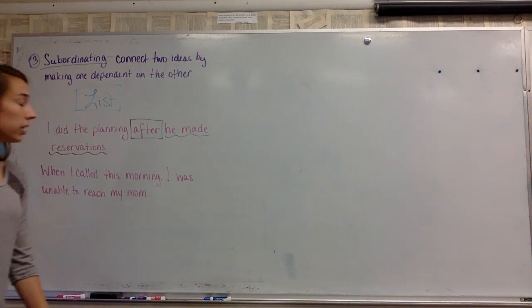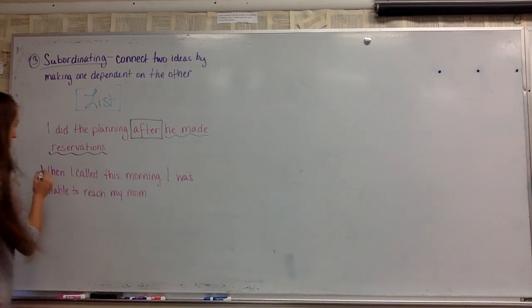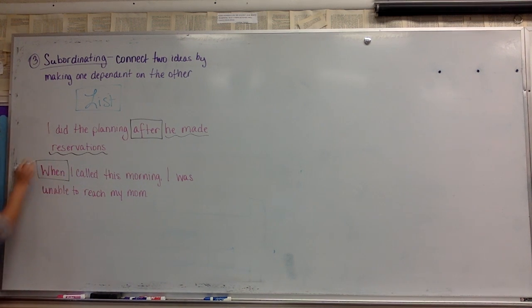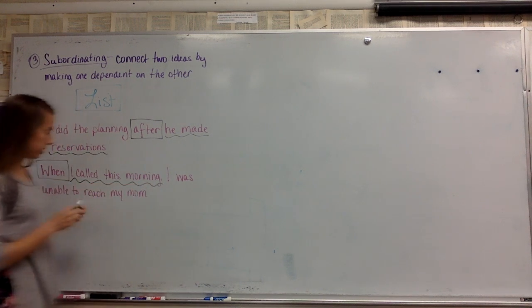What is our subordinating conjunction? This time it is when. Then what is my subordinate clause? What is my dependent clause? It relies on something else. I called this morning.